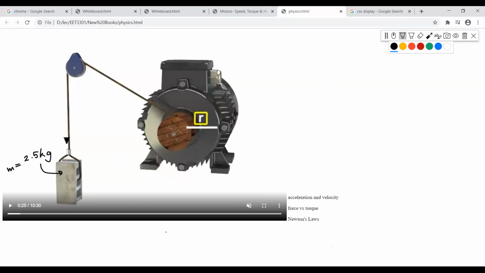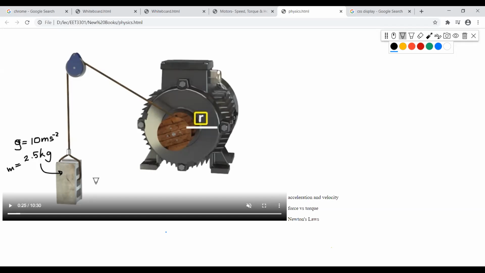Then you know that usually we take g as 10 meters per square second, the gravitational acceleration.